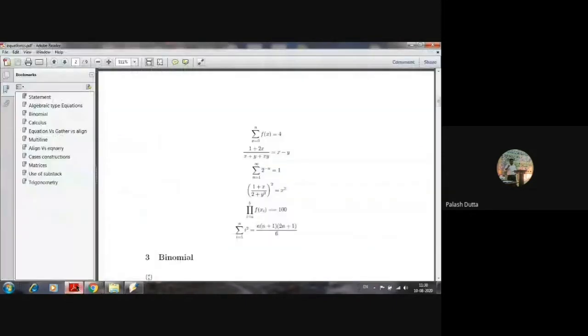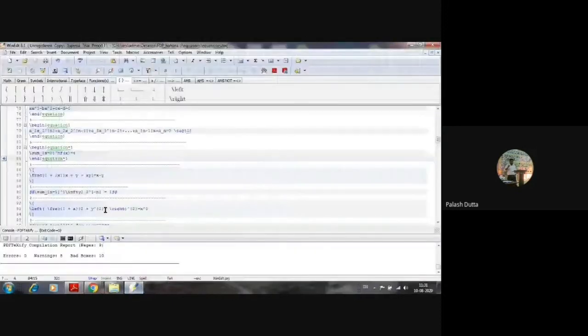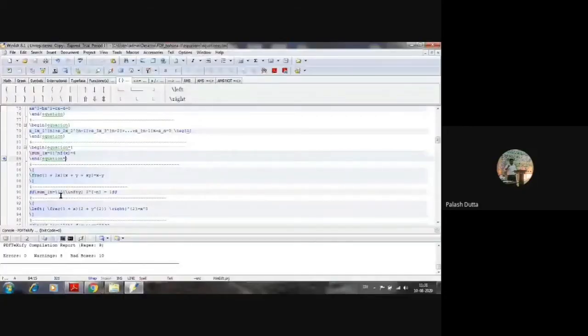To obtain this expression, sum n goes from 1 to infinity 2 to the power minus n equal to 1, right? For this expression, the command is simple. Simply use slash sum, and n goes from 1 to, then use cap for power, right?